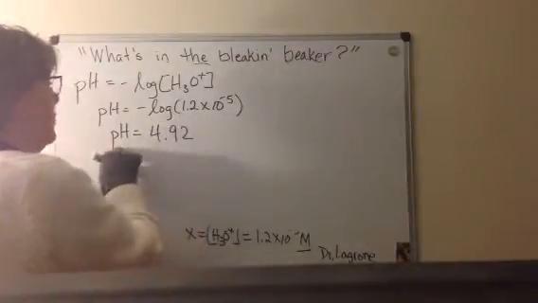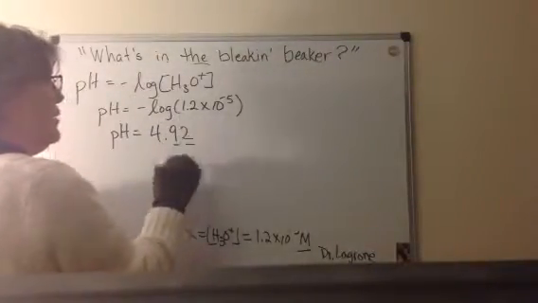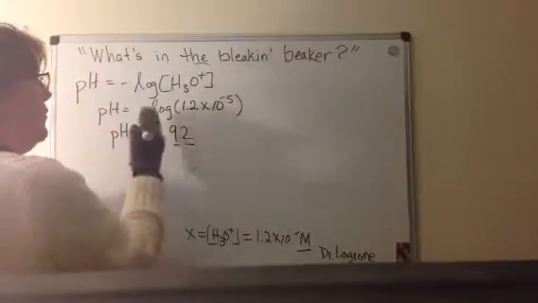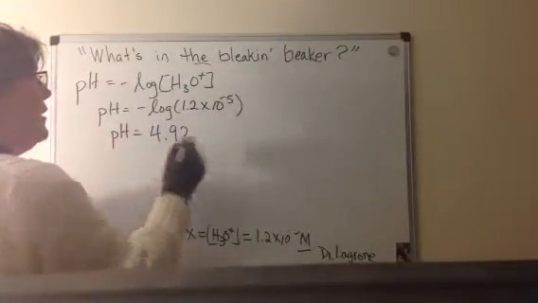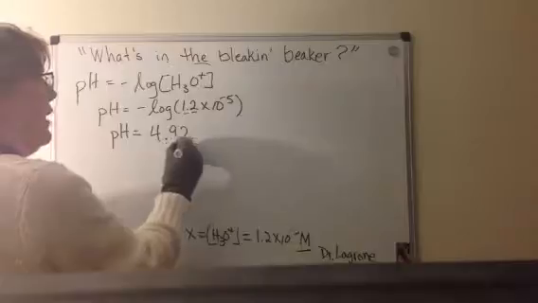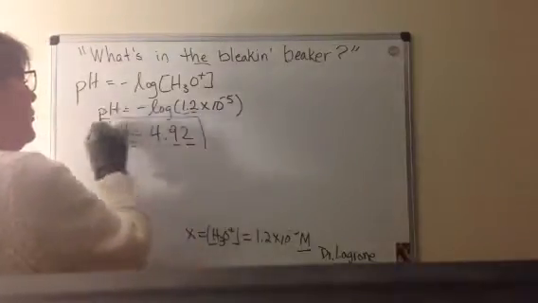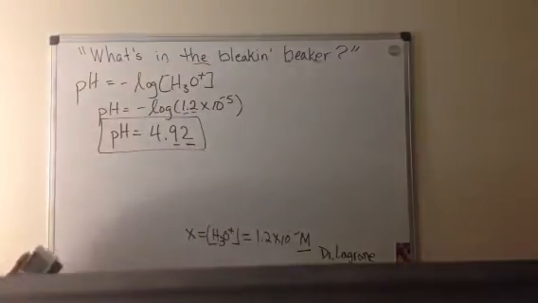Now remember, pH and pOH scales only count digits to the right of the decimal. The 4 is not counted in your sig figs. You have 2 sig figs here, I have 2 now. So that would be the pH if the question asked you for the pH.